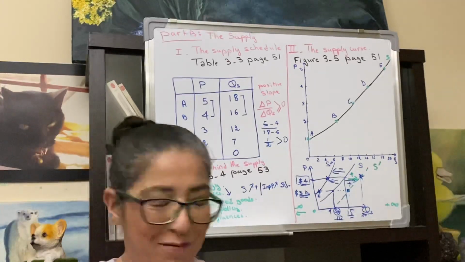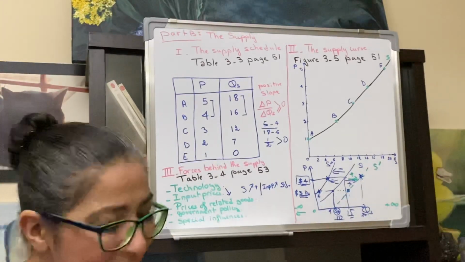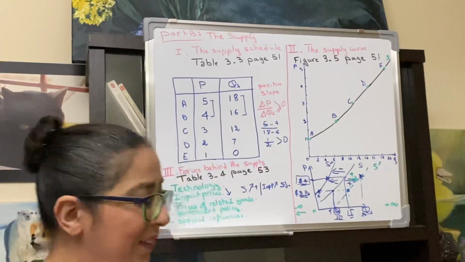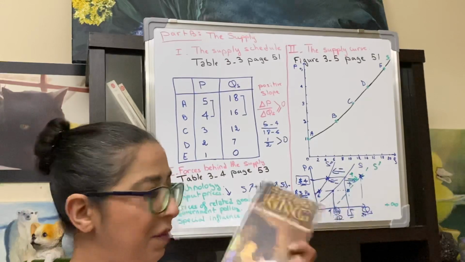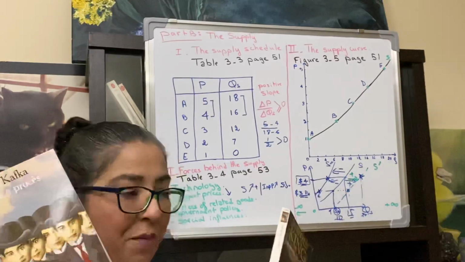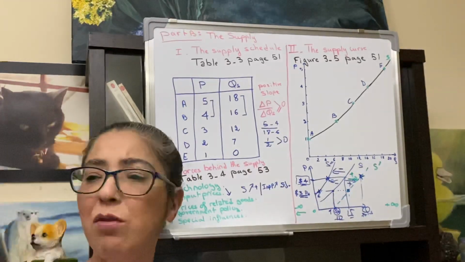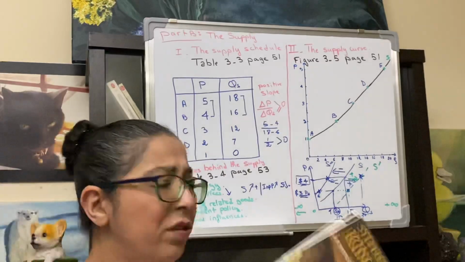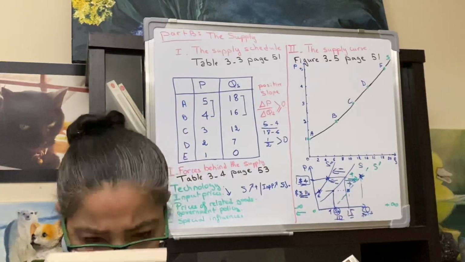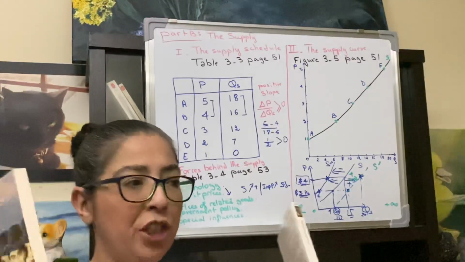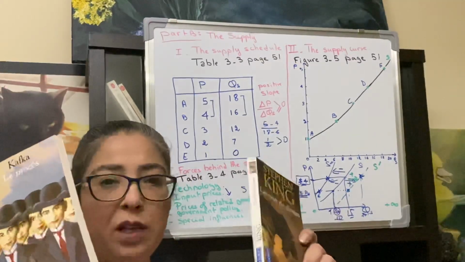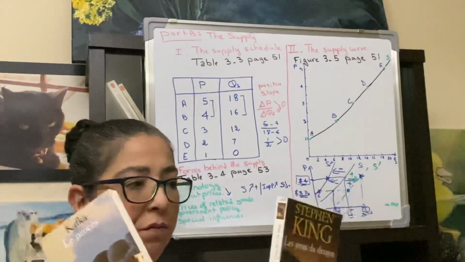That's all they have. Excuse me, Pocket. I love your books, by the way. So here I have Stephen King, and here I have Kafka. Kafka was written a long time ago. Stephen King is a little bit later. Let's imagine right now they are producing both of them 50-50.